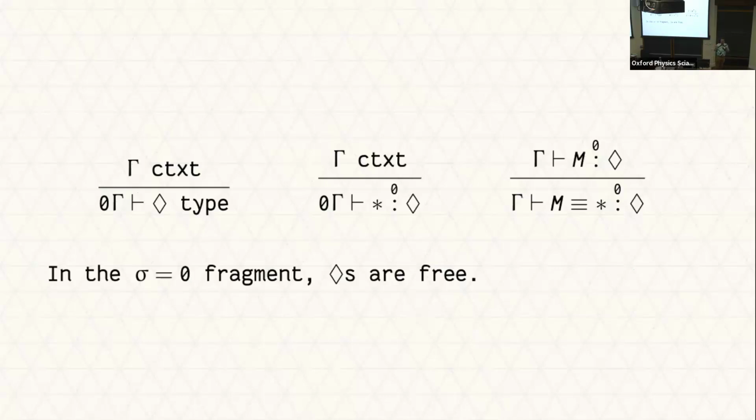But there's no constructor which works in the sigma equals 1 fragment. So we have a 1 on top of the colon. So diamonds are free for reasoning, but they're not free when we actually want to do computation. And then this other rule says that in the zero fragment, the diamond really does act like the unit type.